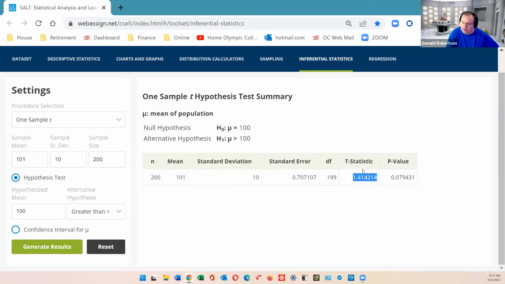It used to be the Z when you did proportions, but when you do means, it's typically the T statistic. They might ask you for the degrees of freedom. Do you see that 199 that I mentioned? Pretty much everything, and some stuff you probably don't need to know, is here. Can you see our null and alternate hypothesis, the way they should be written? Everything is here, but the p-value is the most important one.